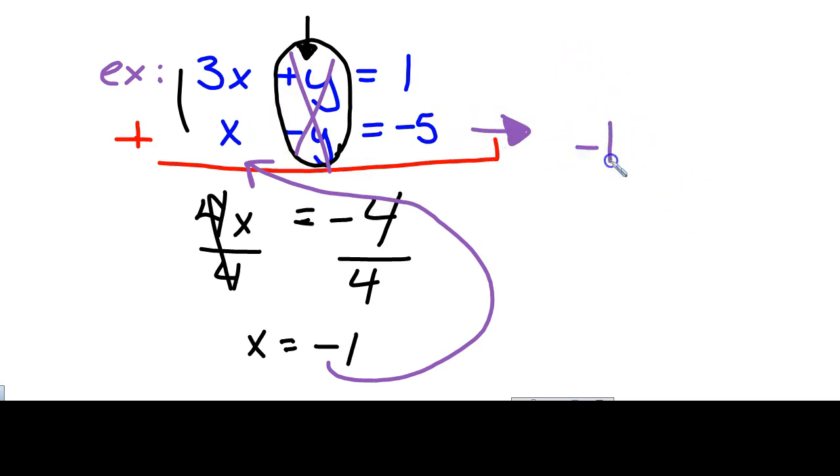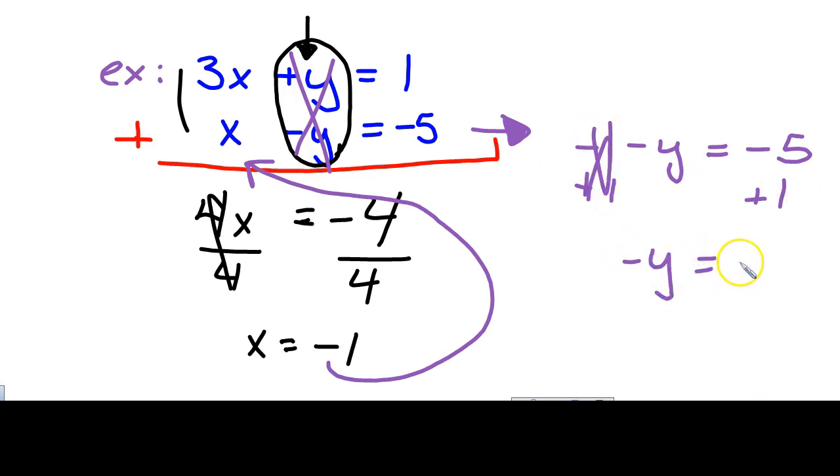Well, x minus y is equal to negative 5. Solving for y, we're going to add 1 to both sides, and we get negative y equals negative 4. Therefore, y equals 4.